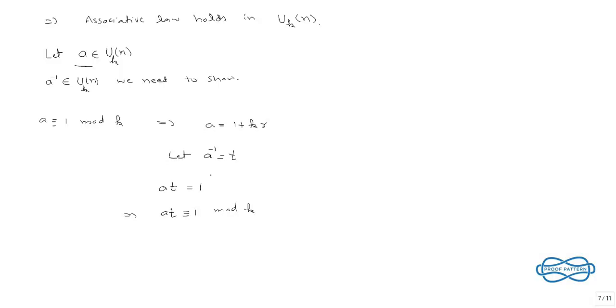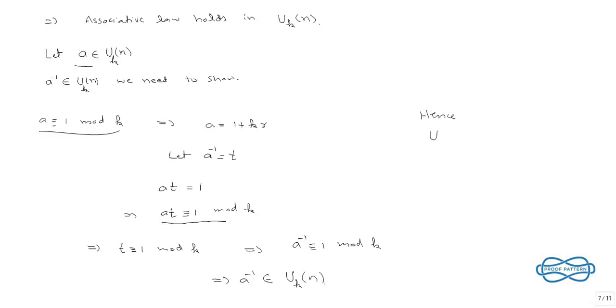And now since a is congruent to 1 mod k and at is congruent to 1 mod k, this means t is congruent to 1 mod k, and t is actually a inverse, which is congruent to 1 mod k. This means a inverse also belongs to U_k(n), and hence U_k(n) is a subgroup of U(n) for any divisor k of n.